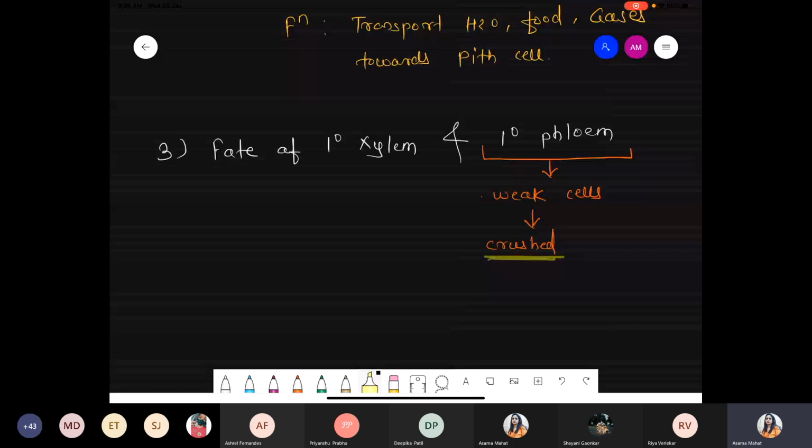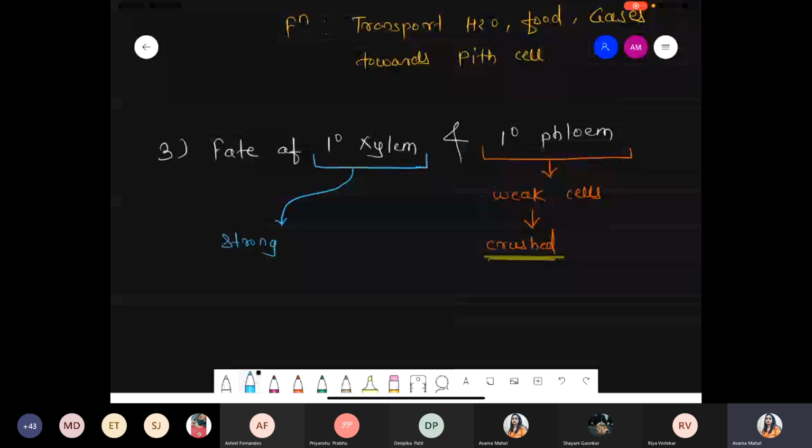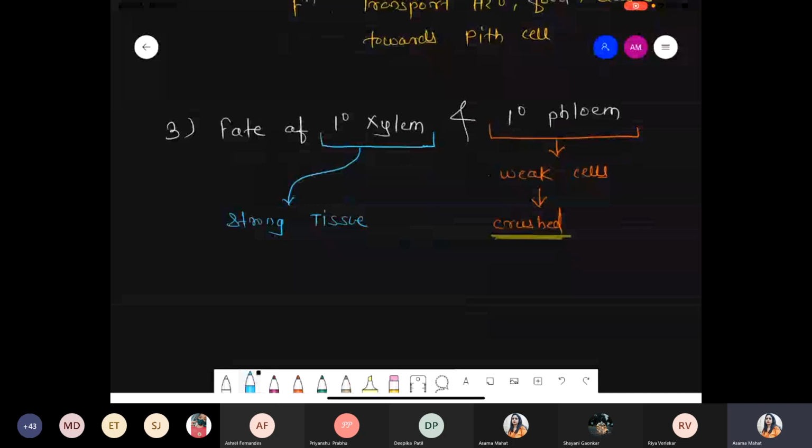But when we compare this with primary xylem, primary xylem is a strong tissue. And due to this strength, the primary xylem simply gets pushed towards the inner side.